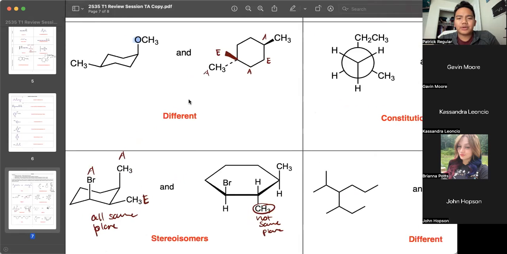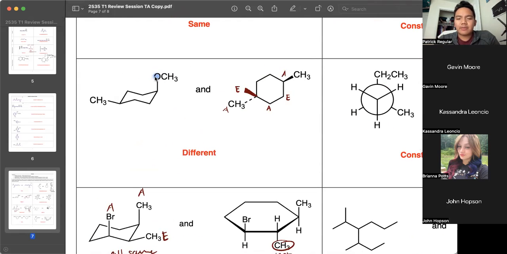Let's take a look at this one. Let's just, again, pretend that O does not exist, and these are just CH3s, okay? For the rightmost one, instead of a Haworth structure, we're looking at a cyclohexane that tells us they're trans. This CH3 is on the top side.